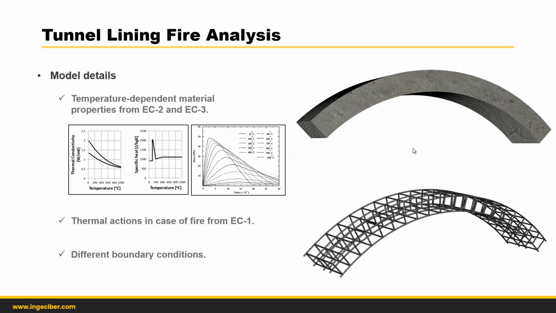These are the thermal conductivity and the specific heat, which depend on temperature, as you can see in these charts, as well as the compression stress versus strain in this chart. Then the thermal actions in case of fire from Eurocode 1 and different boundary conditions will be applied, and we will see the different results.